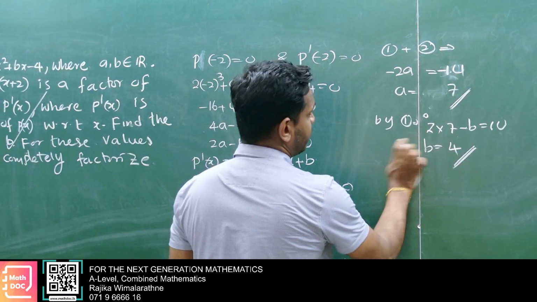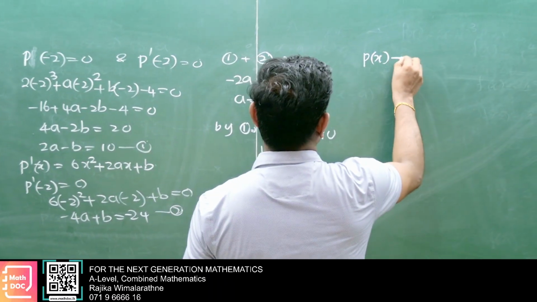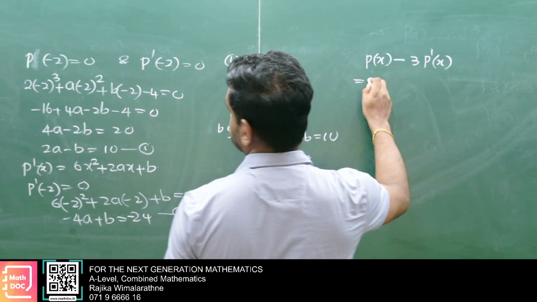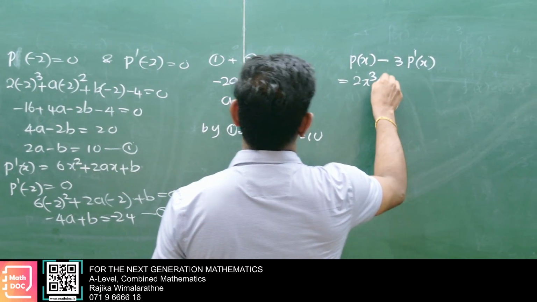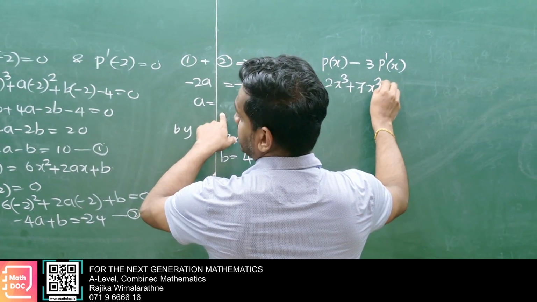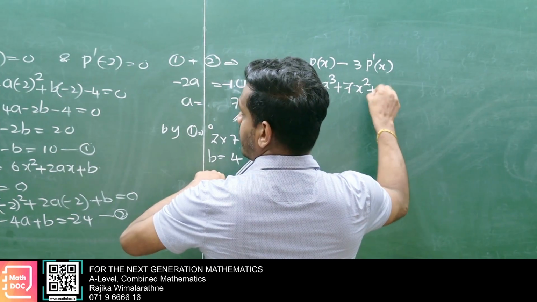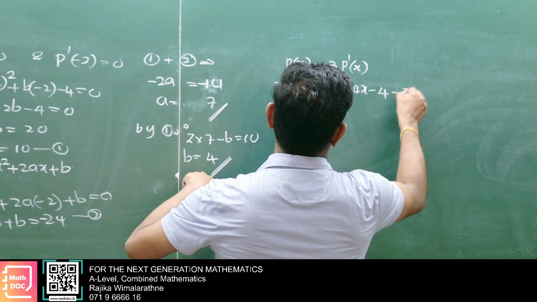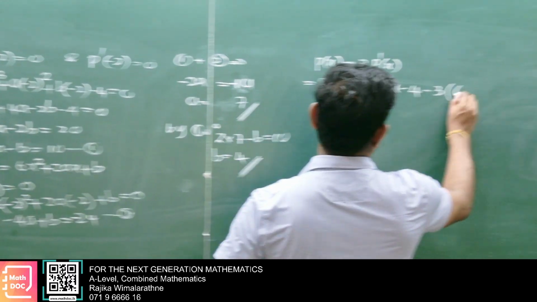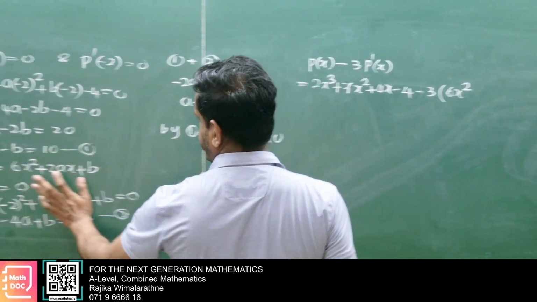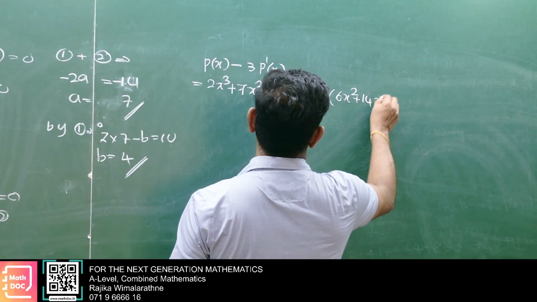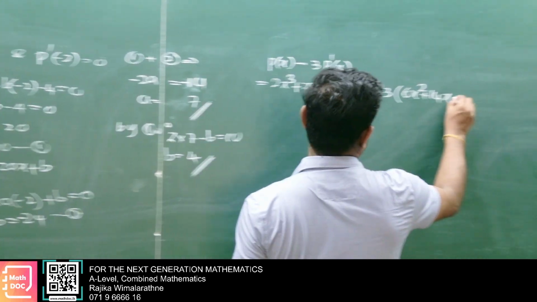Now we have to factorize P(x) − 3P'(x). P(x) is 2x³ + 7x² + 4x − 4, with a = 7 and b = 4. P'(x) is 6x² + 14x + 4.